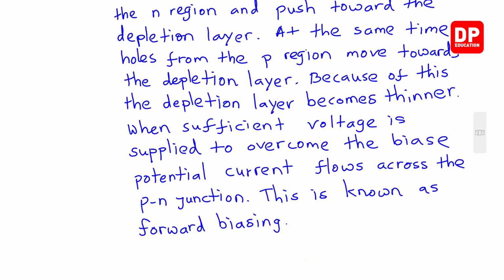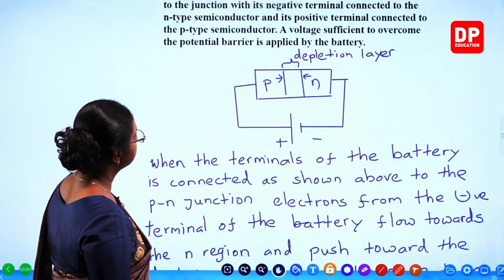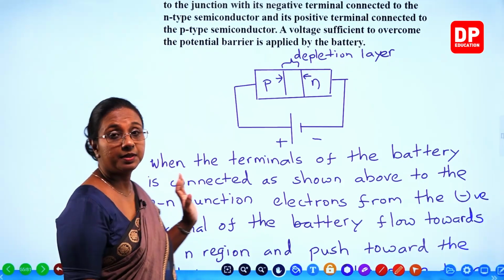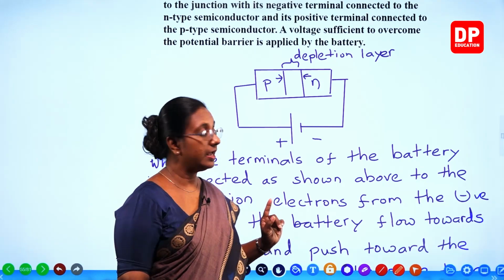Is that okay, students? So here I have shown the diagram. This is how we connect the terminals of the battery. Positive to the P region, negative to the N region.